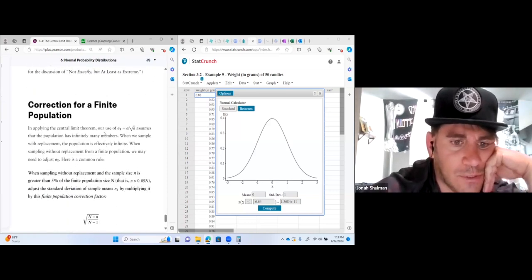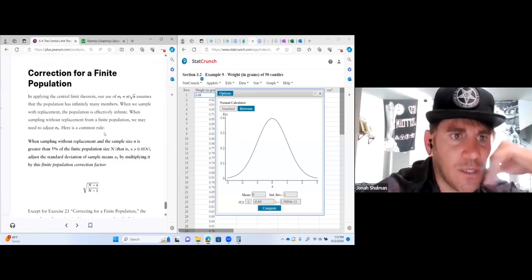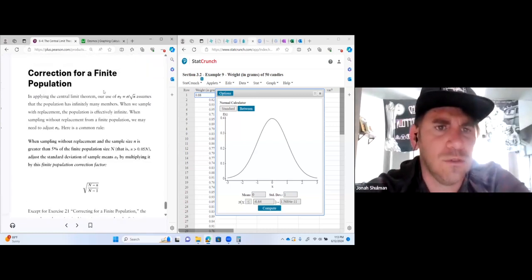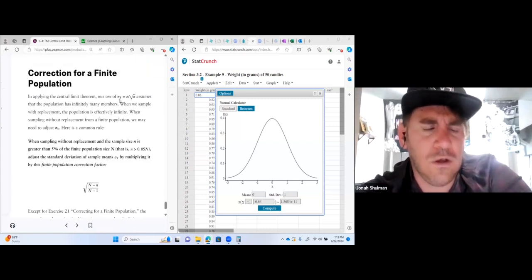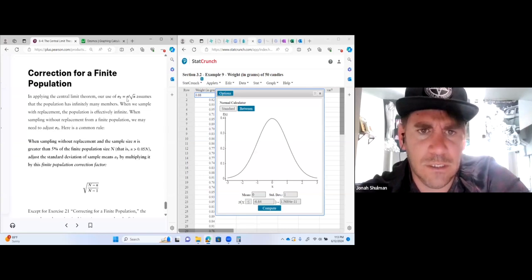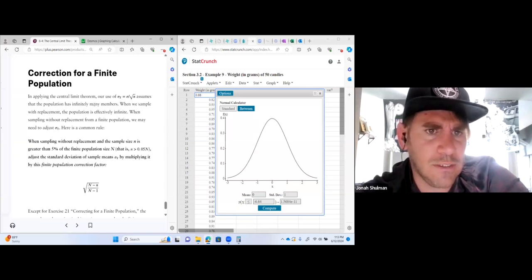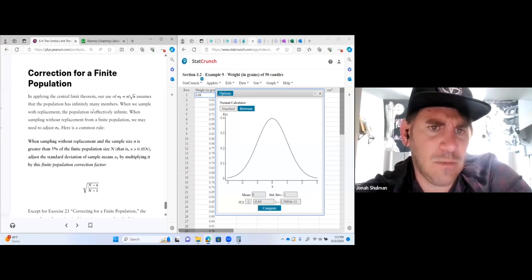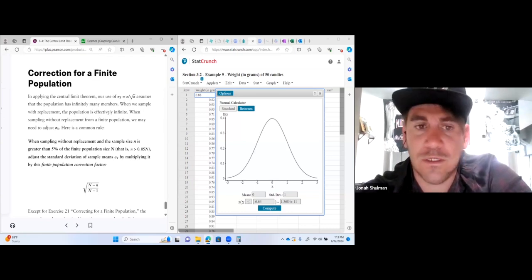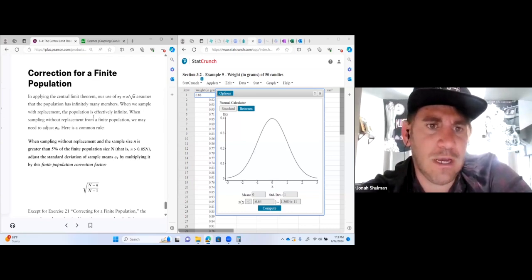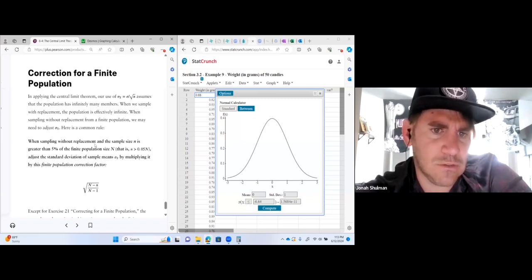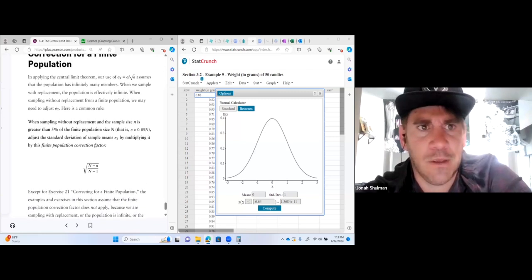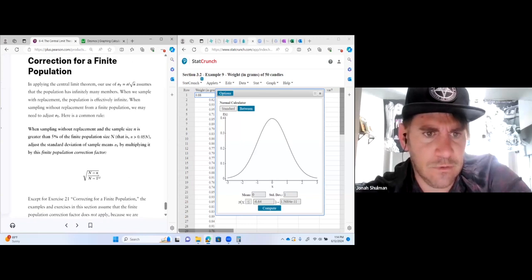Correct the finite population. Oh, we've got something at the very bottom. So in applying the central limit theorem, our use of the standard deviation of the mean assumes that the population has infinitely many members. When we sample with replacement, the population is effectively infinite. When sampling without replacement, we may need to adjust the standard deviation of the mean. Here's the common rule. So if you are replacing stuff, the bottom should have this instead.